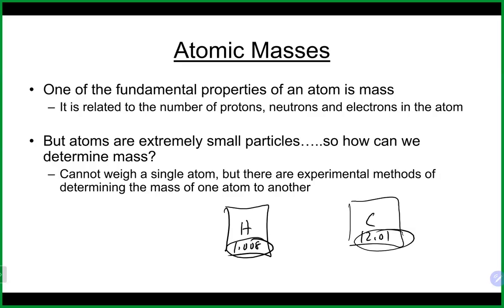So most of the time in chemistry or science, when we can't measure something directly, we choose something to use as a standard to compare everybody to. Sometimes we know the standard's mass, or sometimes people just give it a value of 0 and compare everything else to it.